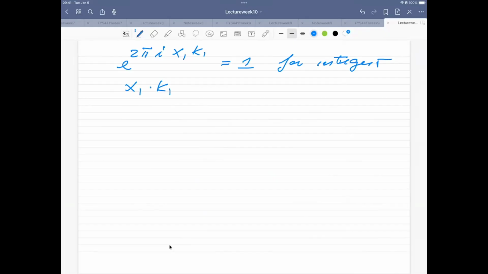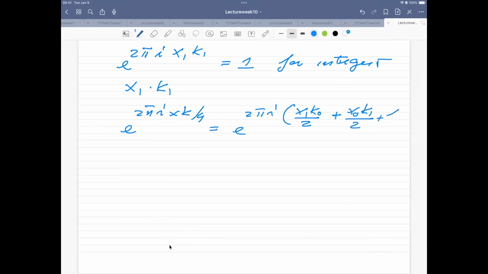So that means that what we get then, if you look at this formula of 2 pi i times xk divided by 4 is equal to e of 2 pi i, and then I have x1 k0 divided by 2 plus x1 k1 divided by 2 plus x0 k0 divided by 4.